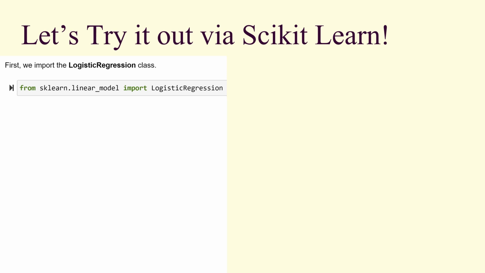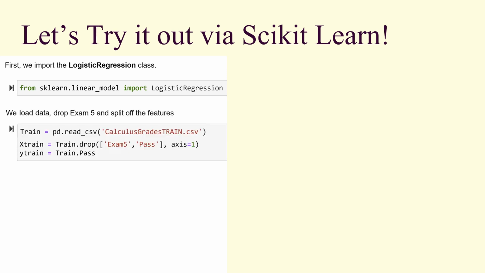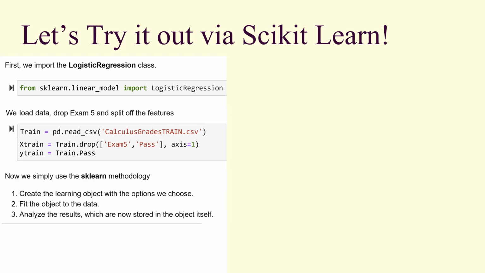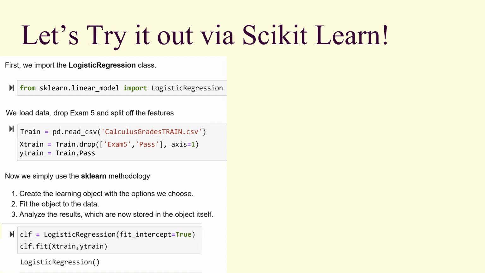So if we did this with logistic regression, then we would read in our training data, and then we'd use the scikit-learn methodology: create the learning object, fit the object to data, analyze the results, which after fitting are stored in the object itself. So here we do that.